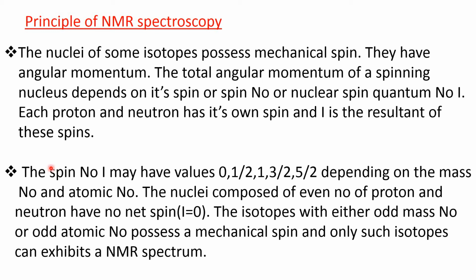As I told you, spin number I may have values 0, half, 1, 3 by 2, 5 by 2 depending on the mass number and atomic number. The nuclei composed of even number of protons and neutrons have no net spin, I is equal to 0. The isotopes with either odd mass number or odd atomic number possess a mechanical spin, and only such isotopes can exhibit an NMR spectrum.